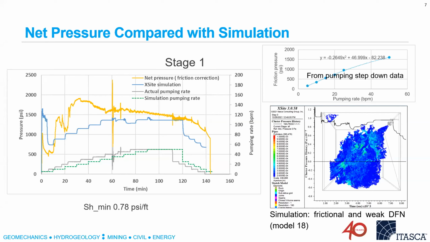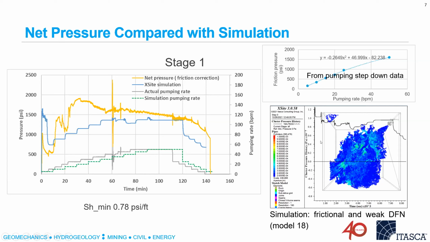So we did a lot of simulation following this planned injection rate and considering different kinds of DFN. So here's one case, and this blue line shows the pressure of the simulation, and in this case we have permeable and frictional difference.